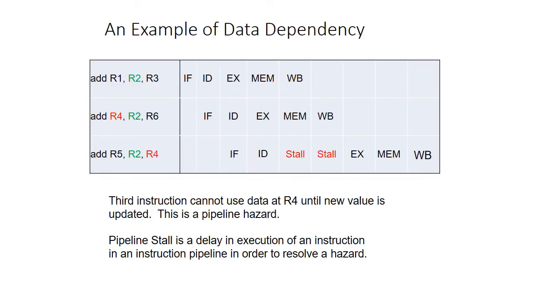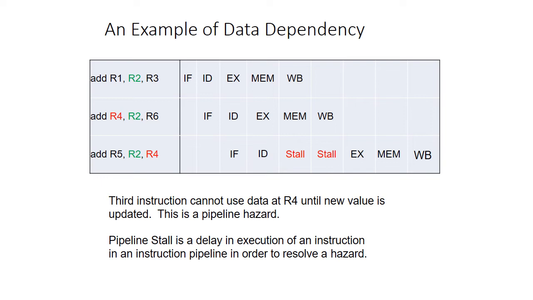This is an example of data dependency. Here there are three instructions with some registers. If you follow the three instructions in the left side of the table, you can see R2 is a common register used in three instructions, but there is no dependency on this register because it is just a read after read.